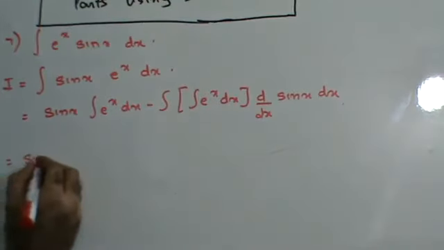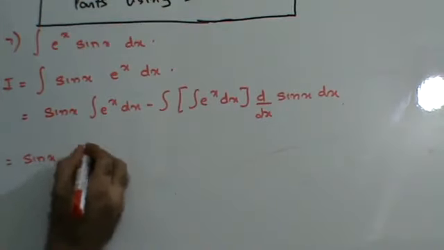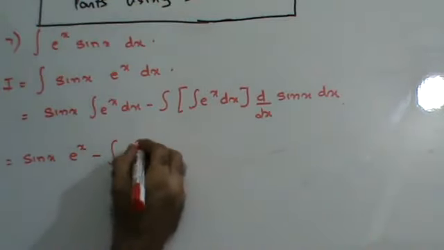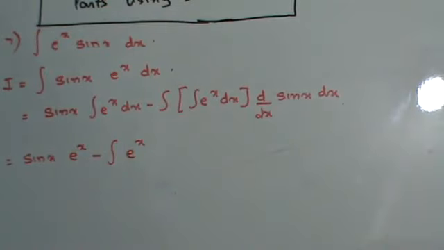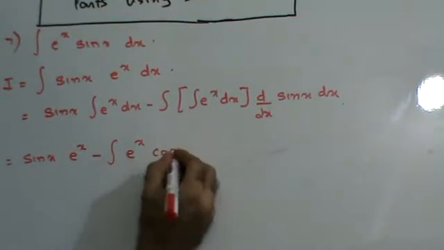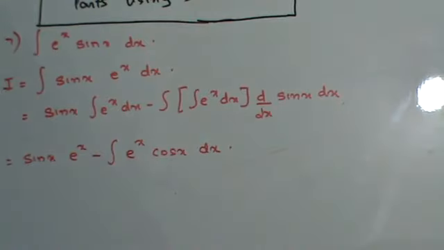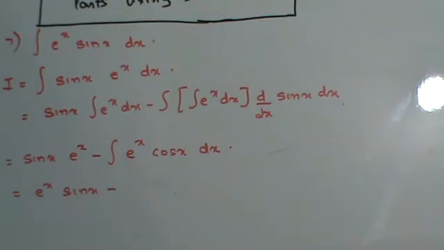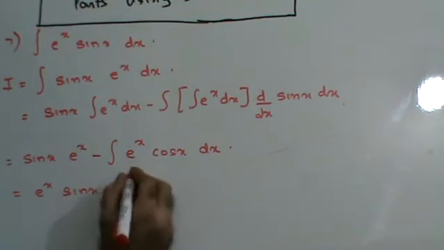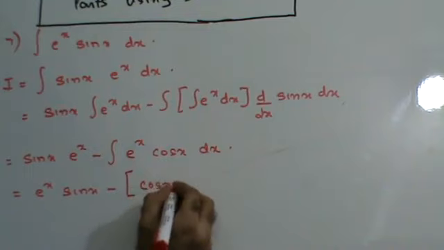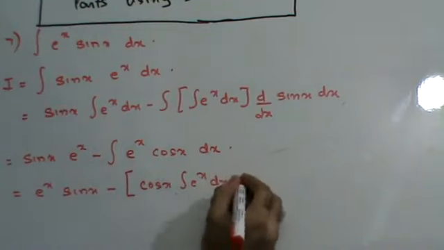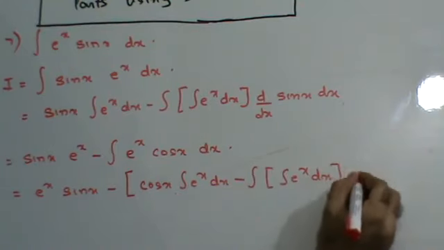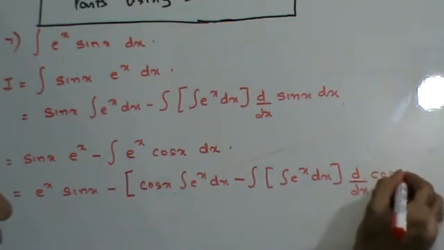This can be written as sin x, integral of e raised to x is e raised to x, minus integral of e raised to x is e raised to x, d by dx of sin x is cos x dx. This can be written as e raised to x sin x minus uv again. So this is u integral of v minus integral of v derivative of u dx.